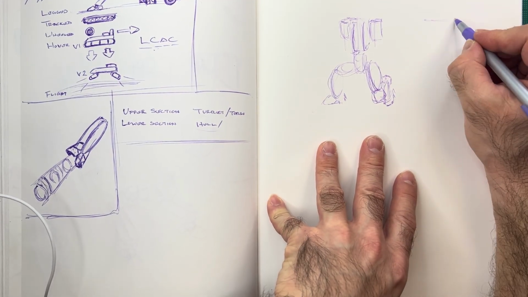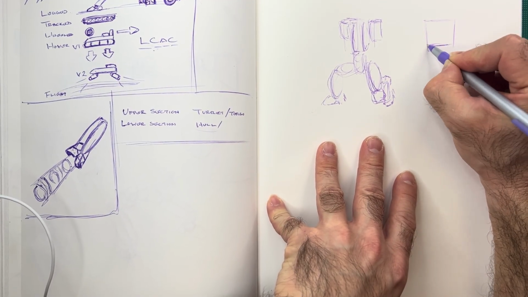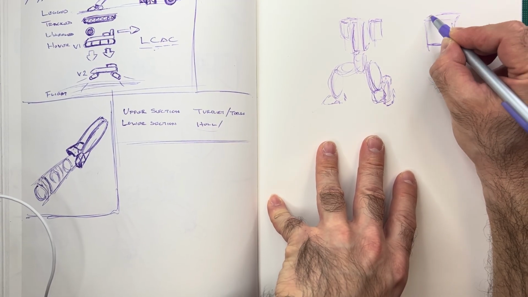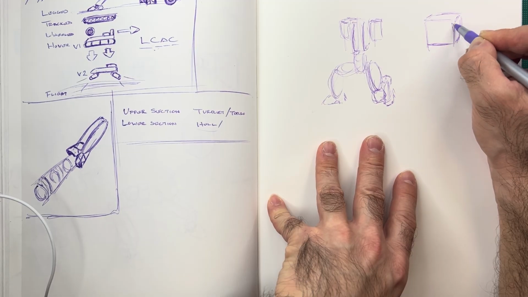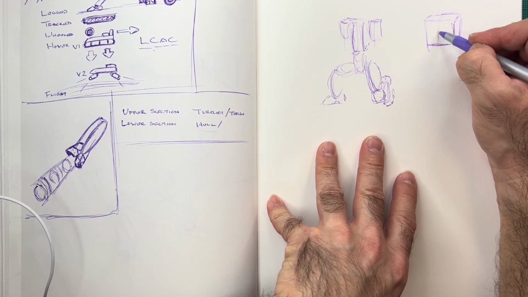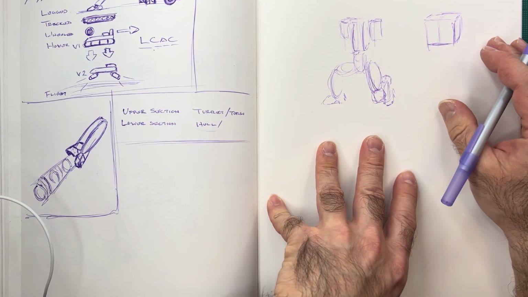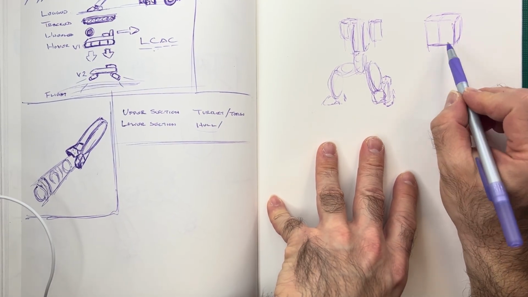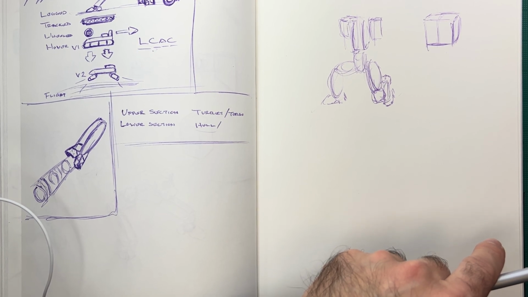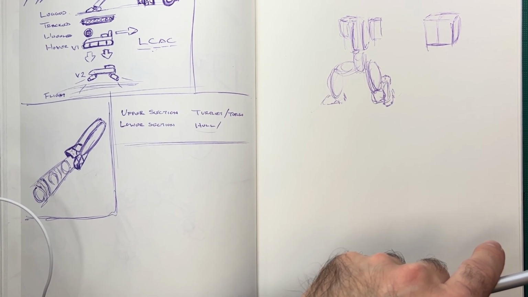One of the traditional mecha designs is basically a large block like this, and you can build in some flexibility into it if you want, or you don't have to. You'll see a lot of this in BattleTech. Macross used a lot of it.